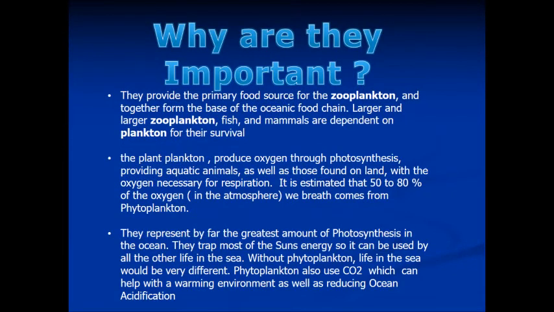They provide the primary food source for zooplankton, phytoplankton do, and together they're the base of the oceanic food chain. In other words, larger and larger zooplankton, eventually fish and mammals, are dependent on plankton for their survival. So just about everything we have in the ocean is dependent on it.